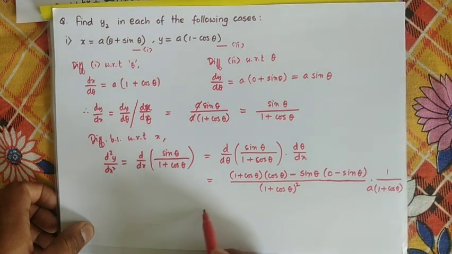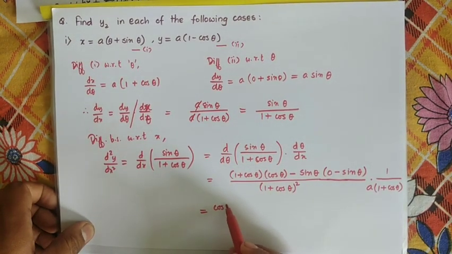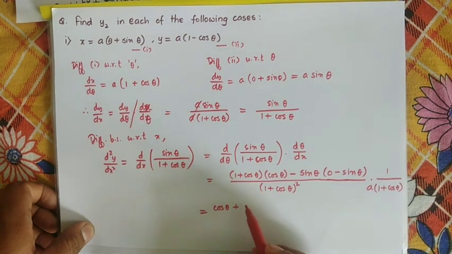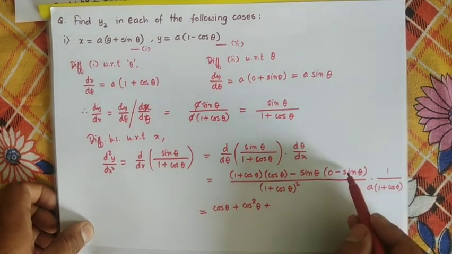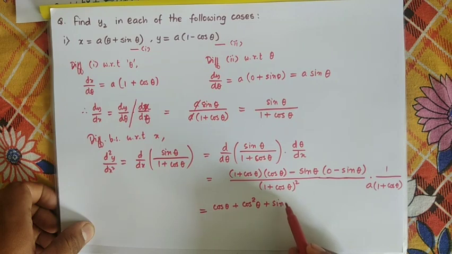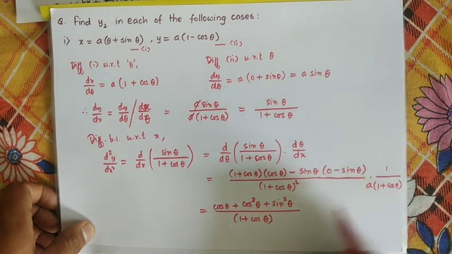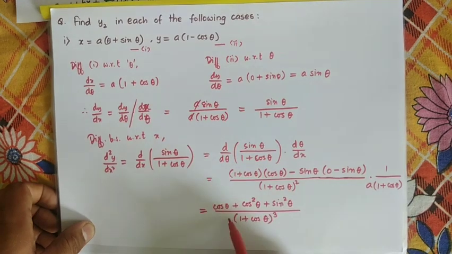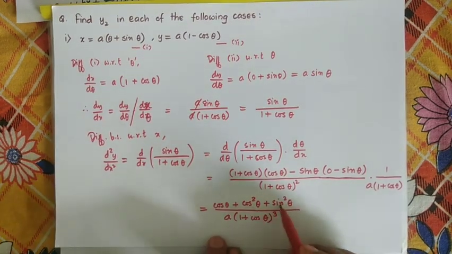Now let's open the bracket. So we have cos theta into 1 is cos theta, plus cos theta into cos theta is cos square theta. Similarly, minus into minus is plus, so sin theta into sin theta is sin square theta, by 1 plus cos theta whole square into 1 plus cos theta, which is whole cube, and this a is written out there. Okay, and what is the value of sin square theta plus cos square theta?